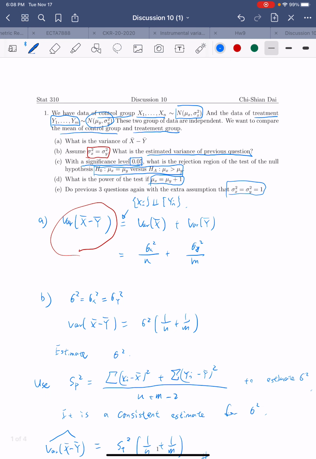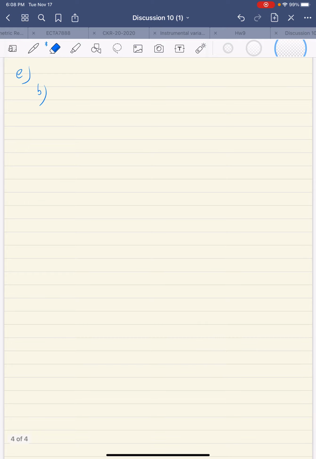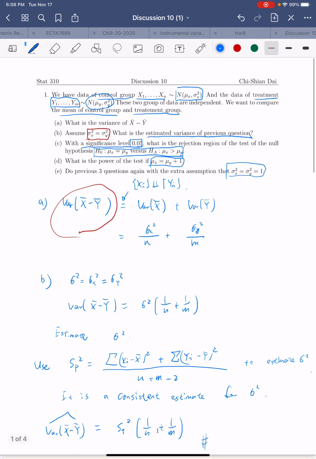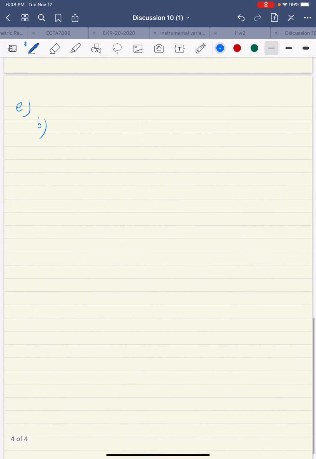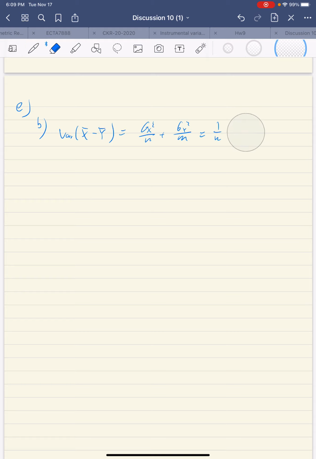When the variance is known, we will use a normal distribution, so we can use the normal test, the Z test. In part B, how we estimate the variance of Y bar minus X bar: in this case, we don't need to estimate because this is equal to 1 over n plus 1 over n. So I will use 1 over n plus 1 over n as the variance of X bar minus Y bar.